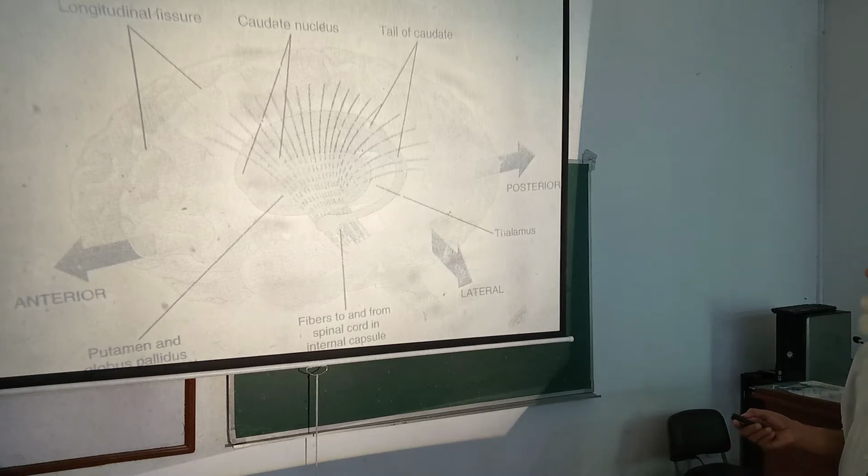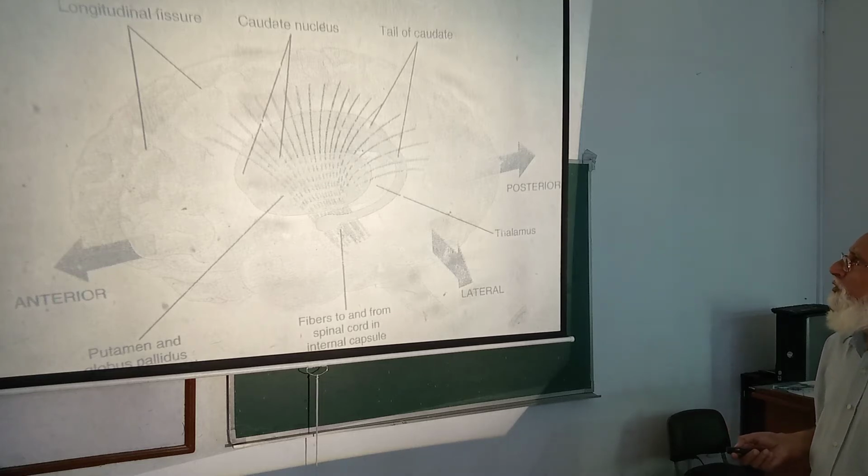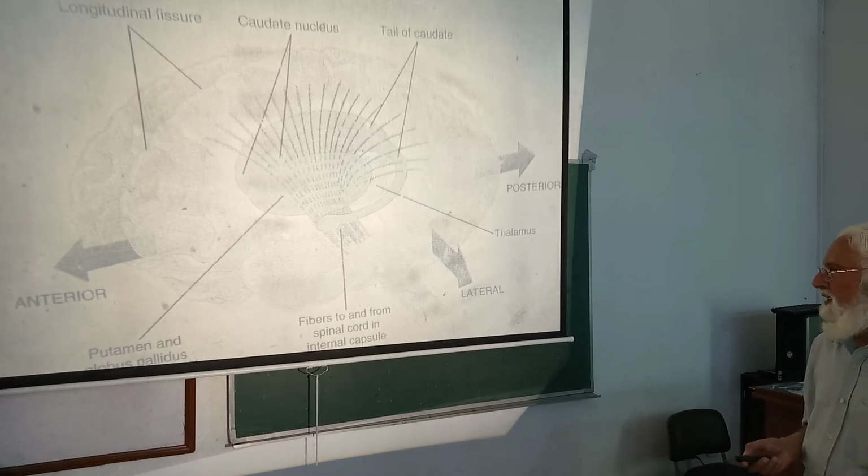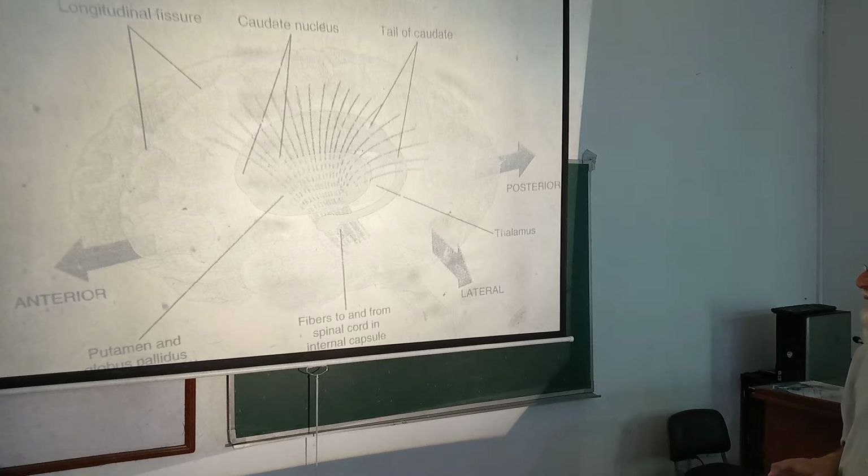Caudate is separated from the putamen by the internal capsule. Right? Caudate and putamen are collectively called as corpus striatum.